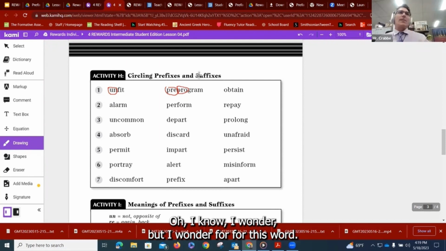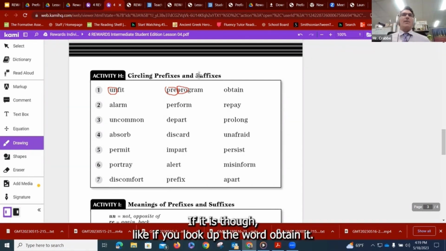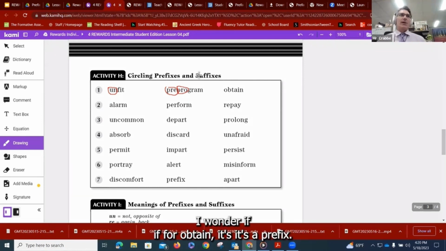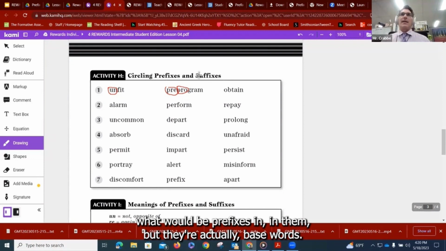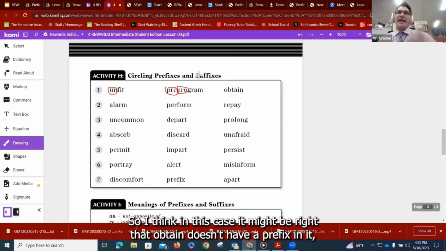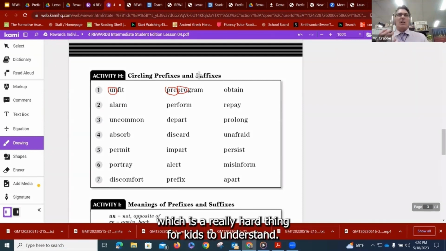Oh, I know. I wonder for this word if it is though. Like if you look up the word obtain, I wonder if for obtain it's a prefix. So is it acting as a prefix? Because I know that there's a lot of base words that have what would be prefixes in them, but they're actually base words. So I think in this case, it might be right that obtain doesn't have a prefix in it, which is a really hard thing for kids to understand.